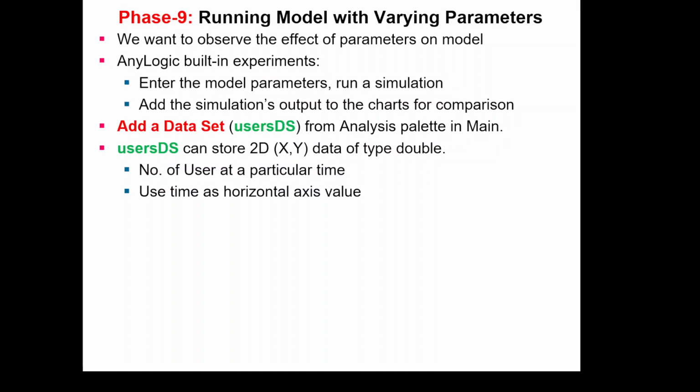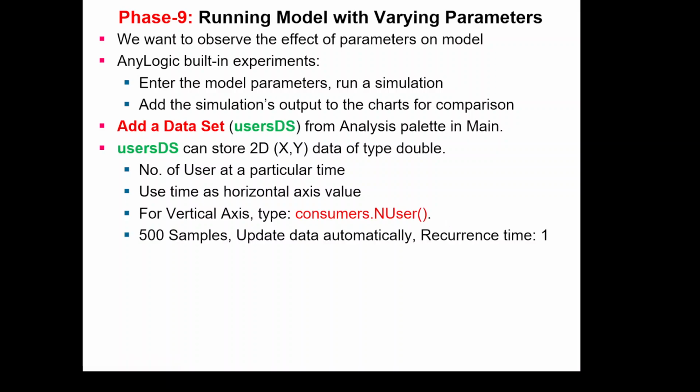The horizontal axis will be the time, and the vertical axis will be the consumers. We will obtain the number of consumers from an already defined function in the statistics, consumers dot n user, which we defined in the video when we were dealing with the statistics.